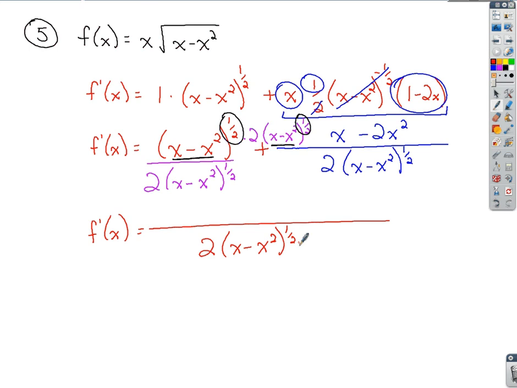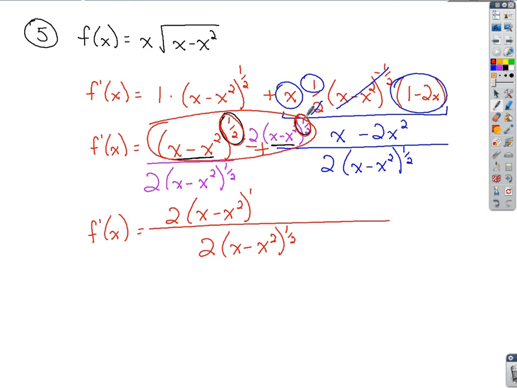If I look at the numerator that I created for this first fraction, I've got a 2 in it that I can just slide to the front. Then, as I was just saying, we've got this quantity of x minus x squared, which is now going to be to a power of 1 because we've added that 1/2 and that 1/2.